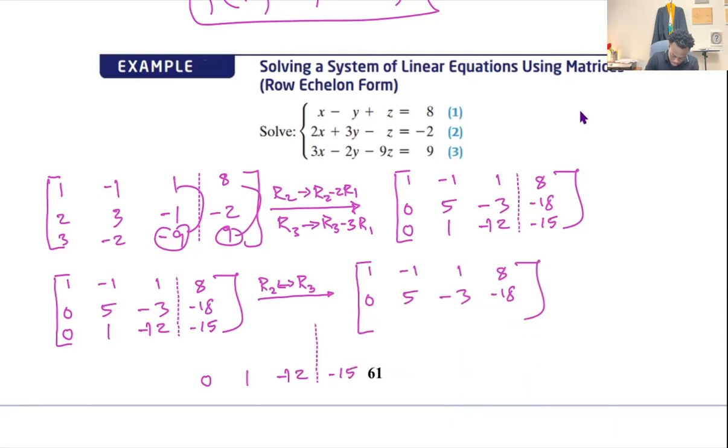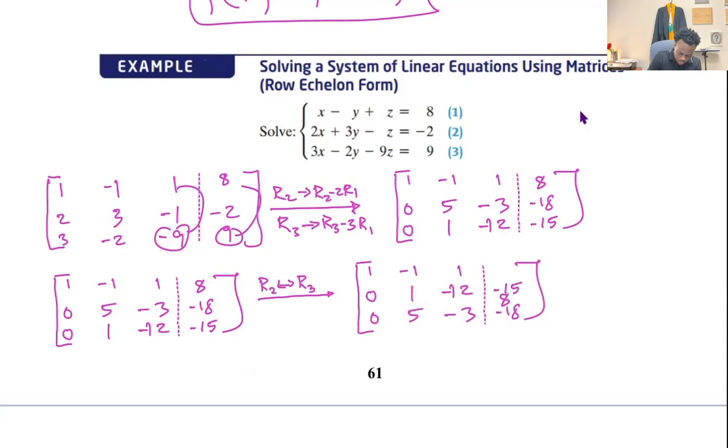Okay. And then I'm going to move 2 down. Right. And then 3 will be 2. And it automatically gives me the 1 underneath of the 1 in the second row and second column.